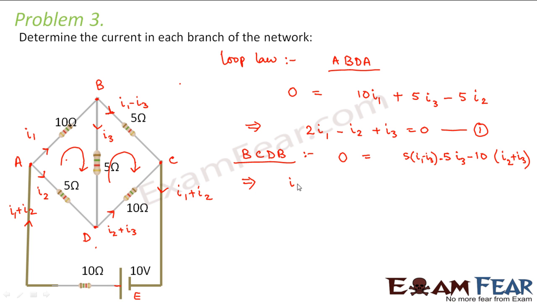Solving this, we get another equation, that is I1 minus 2I2 minus 4I3 is equal to 0. So this is my equation 2. Now we apply the same loop law to A, B, C, E, A.